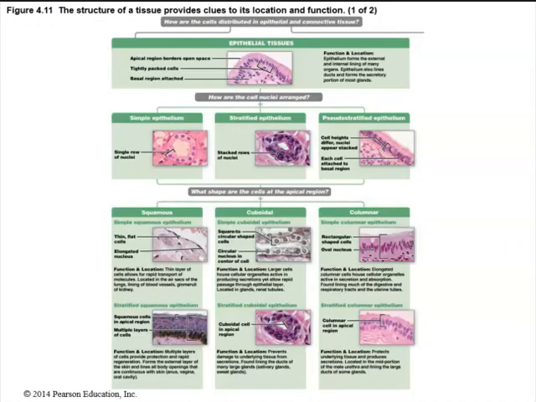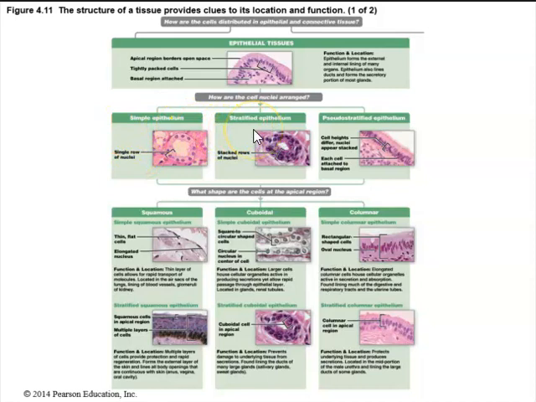So this is a really good slide, a really good figure of the structure of tissues that will help provide clues to its location and function. So this first table shows you epithelial tissues. Again, the way we name our epithelial tissue, first we look at the number of layers. If there's a single layer, we call it a simple epithelium.